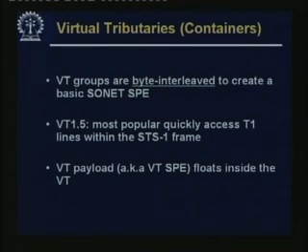If these VT groups are byte interleaved, they may be extracted from each other again. VT 1.5 is the most popular, for quickly accessing T1 lines within an STS-1 frame. The idea is this: let us say you have a T1 line, which is approximately 1.5 Mbps, coming out of a small business, and that is your bandwidth requirement.